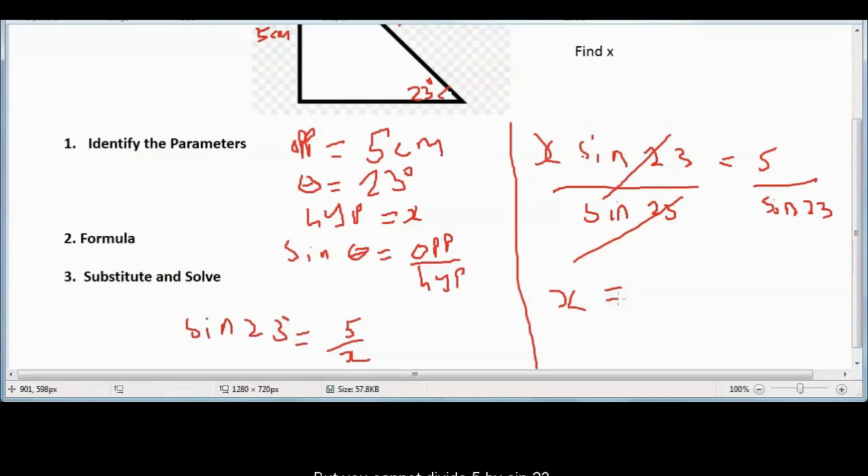But you cannot divide 5 by sine 23. You have to convert sine 23 into its numerical value. So once again, point your calculator or use a 4-figure table. Sine 23 will be equals to 0.39073 thereabout. So this now becomes x equals to 5 over 0.39073 and so on and so forth.